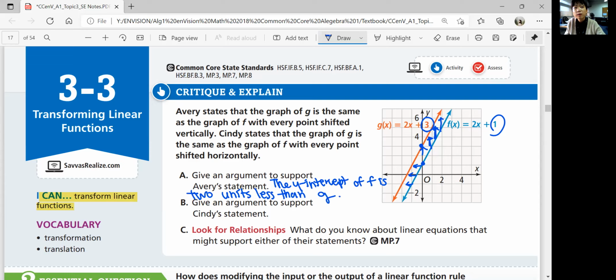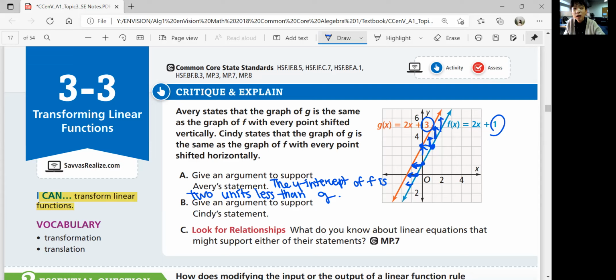Okay. What about Cindy's statement? Could shifting horizontally also work? Yeah, if you look at this point over here, it could move 1 unit to the left. And if you look at this point over here, that also looks like 1 unit, right? And this one over here, 1, 3, also moves 1 unit to the left.